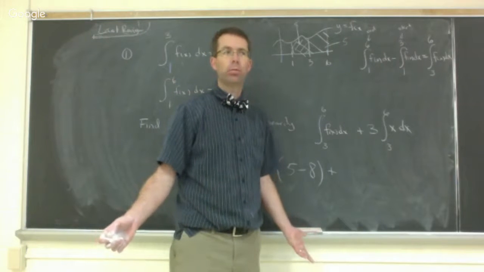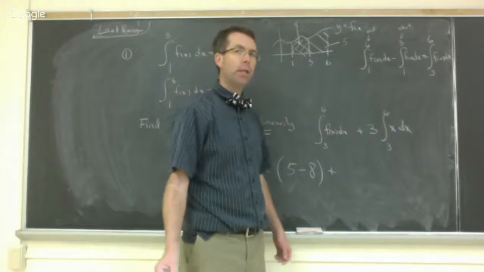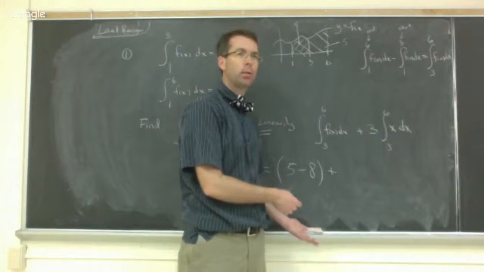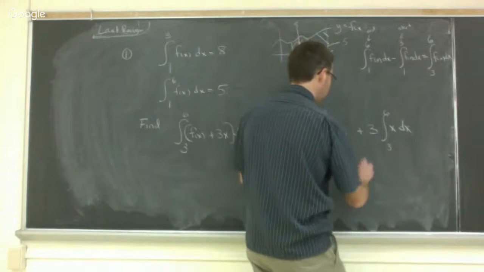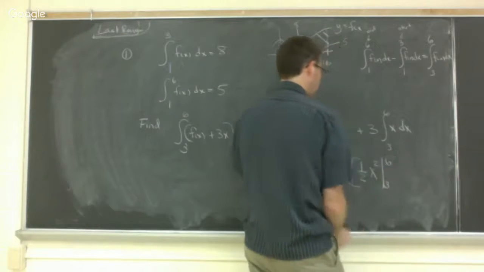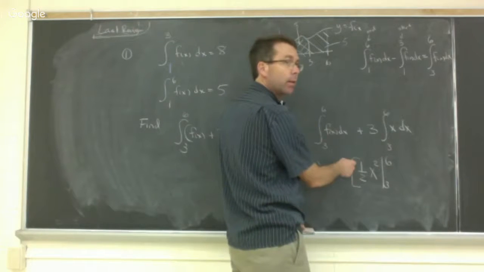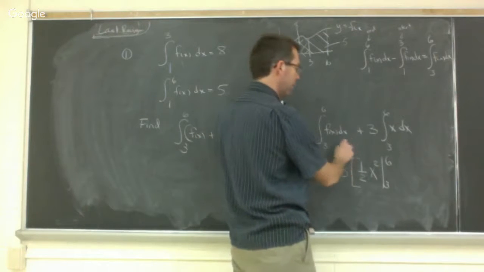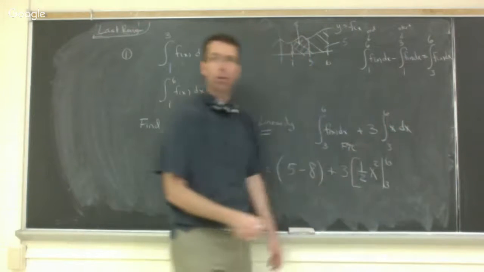So which rule? I can't just plug it into something yet. I need the antiderivative. So it's going to be 3 times the value of the antiderivative. So what allows me to do that? The fundamental theorem of calculus says if I know an antiderivative, I can find the value of the integral.